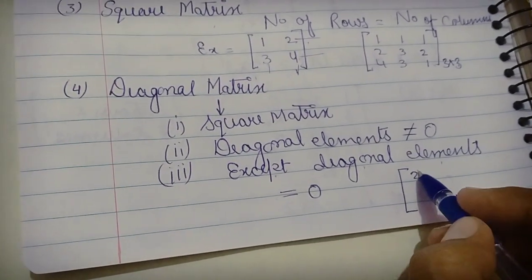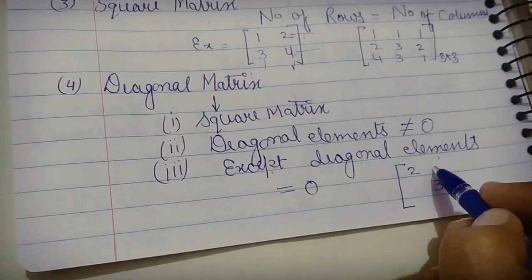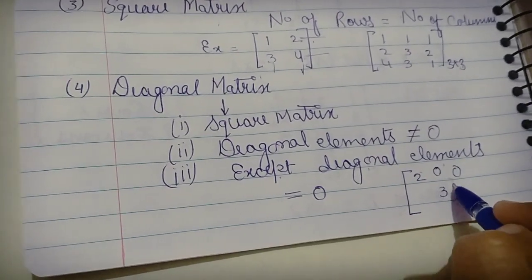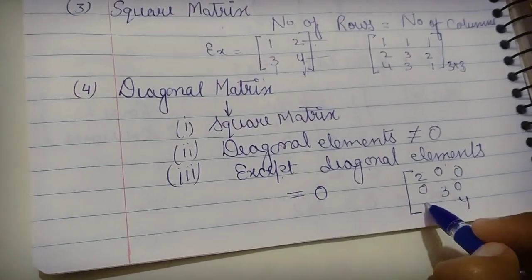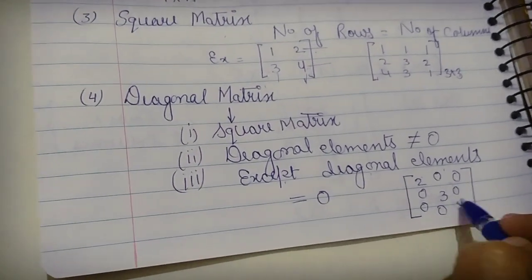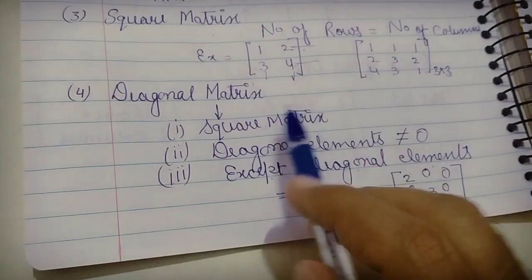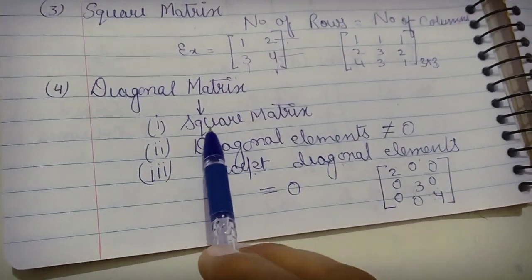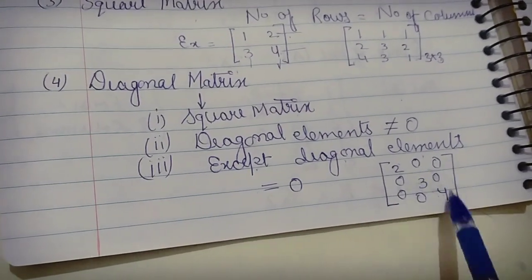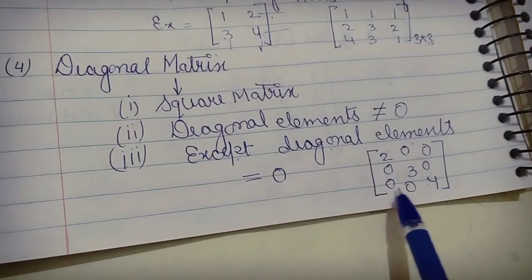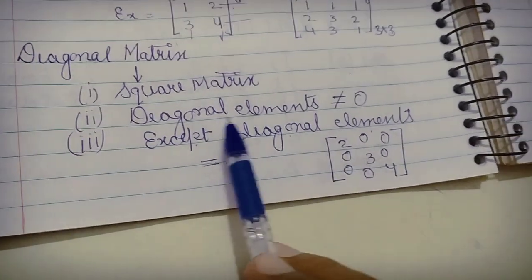These are the diagonal elements and these elements are not equals to 0, and except diagonal elements, all elements must be equals to 0. Then this type of matrix is known as diagonal matrix. First condition is it must be a square matrix, that means number of rows equals to number of columns. Here the number of rows is equals to 3 and number of columns is also equals to 3.